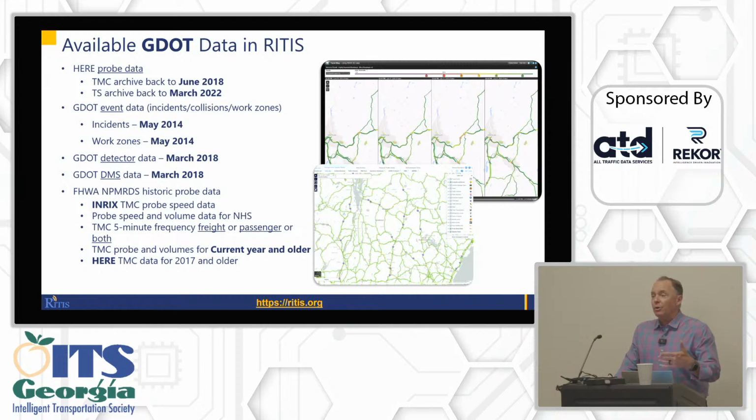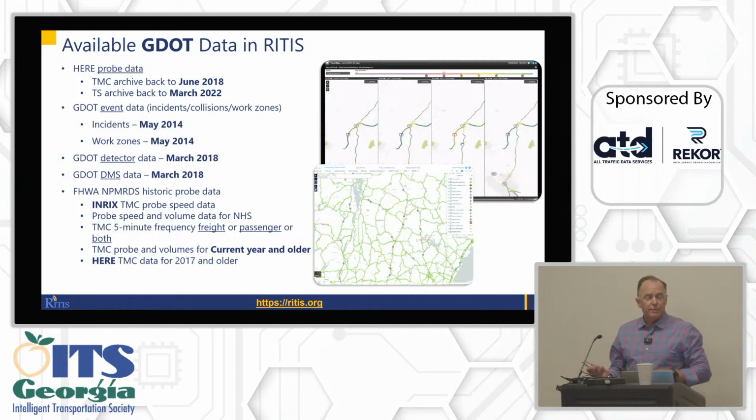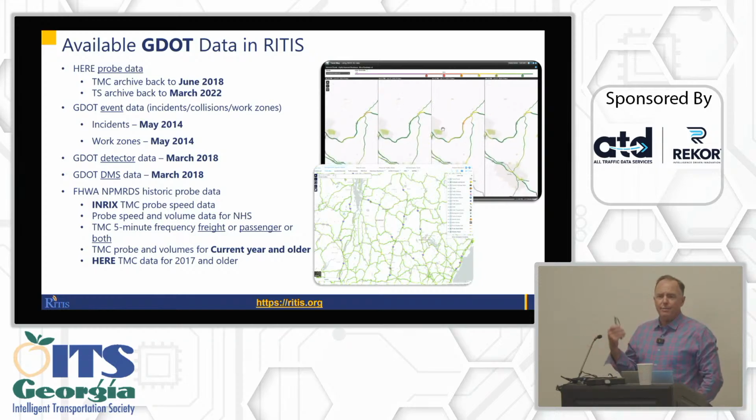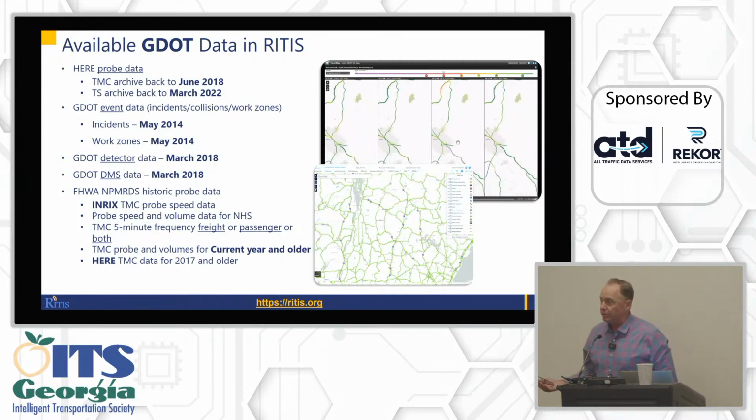Something else to note, and I was having a chat with a young man earlier, we're not talking at all about the real-time situational awareness capabilities of the RITIS platform that's available to you.